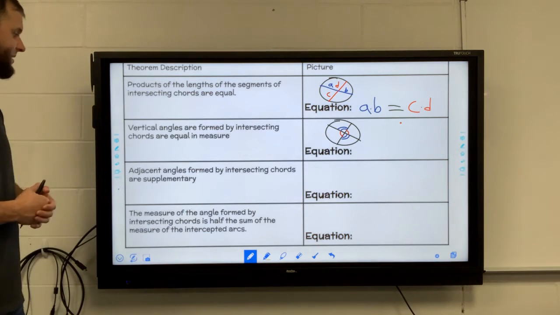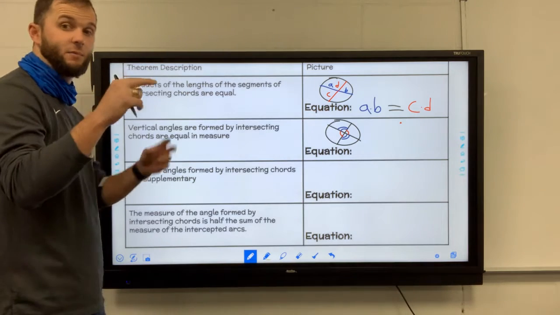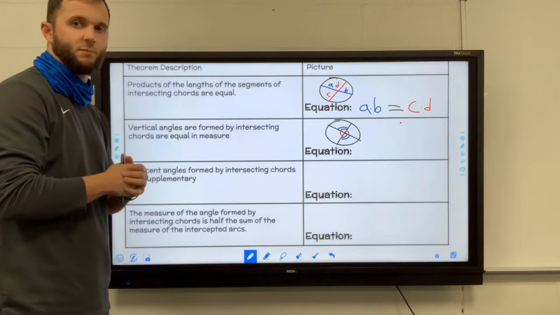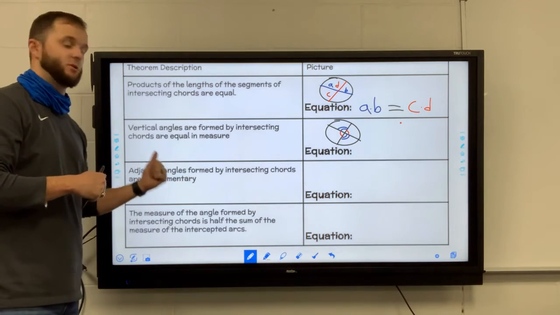Next one says adjacent angles formed by intersecting chords are supplementary. That would be the linear pair that we learned back in our last semester with parallel lines and transversals; the linear pair is going to be supplementary.